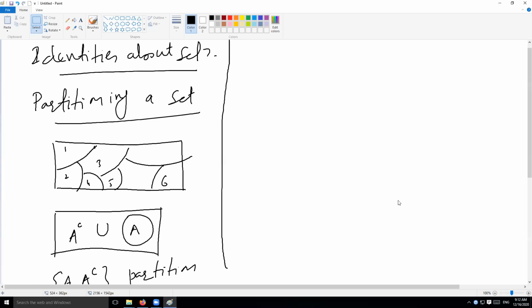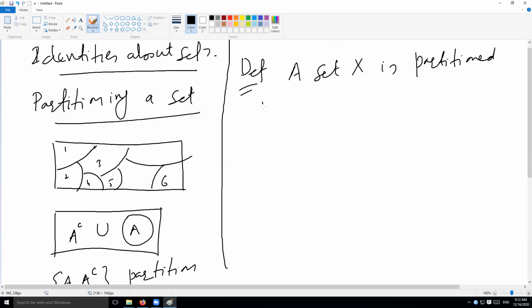We say that a set, say X, is partitioned in parts which have a technical name, which are called cells.